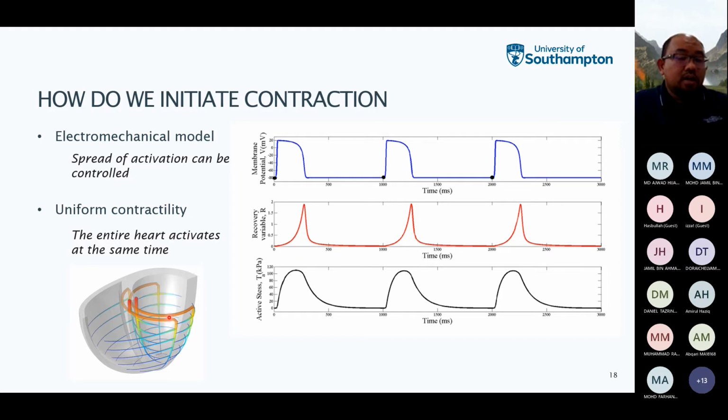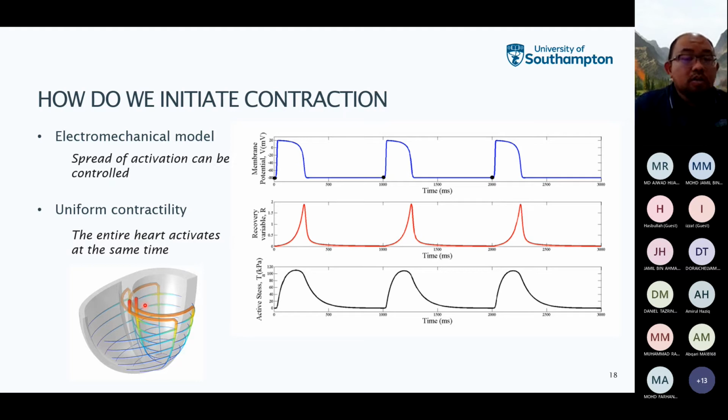But in the early work, quite a lot of people just assumed that the entire heart activates at the same time. This is due to the fact that the time it takes for the entire heart to contract is roughly 100 milliseconds. So it is a very small duration where you can just ignore the effect of spreading. You can just assume uniform contractility.